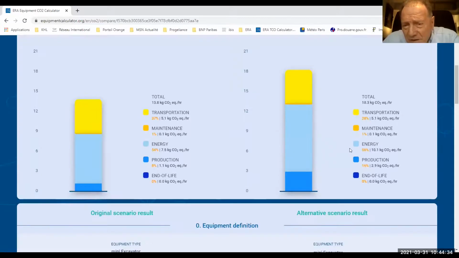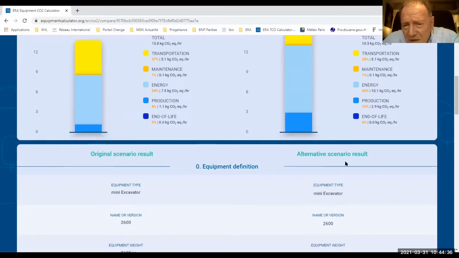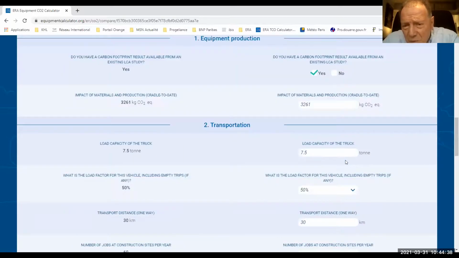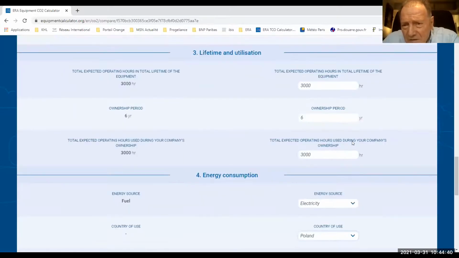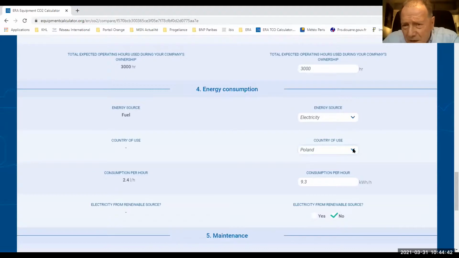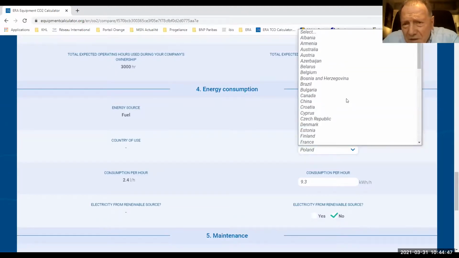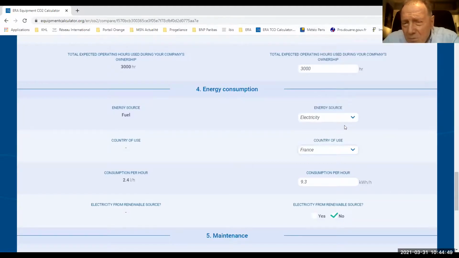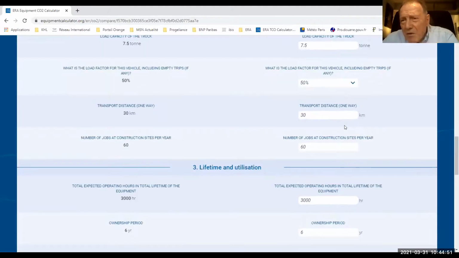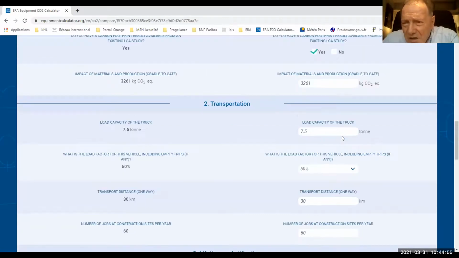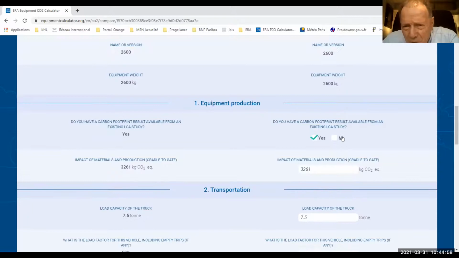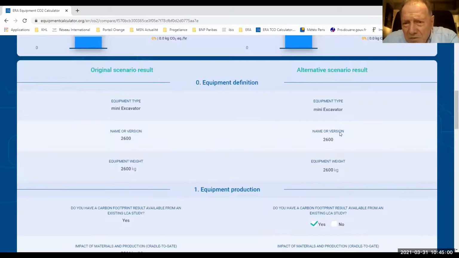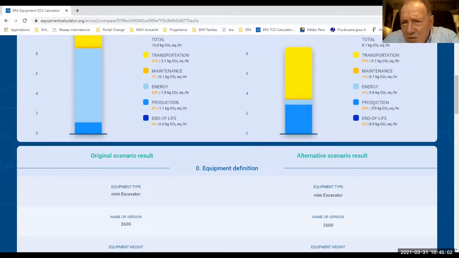This is Poland. Of course, if we go to France, where we know that energy is very effective from a carbon footprint standpoint, we see that because 78% of electricity in France is produced with nuclear energy and 12% with renewable energy, in France the energy is just 0.6 kilo.